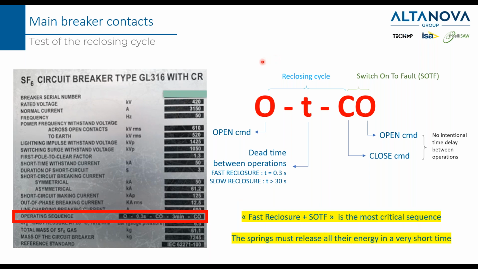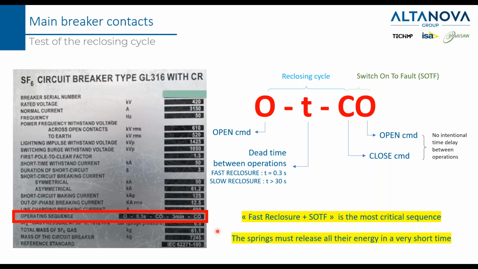The complete sequence, the reclosing cycle, in particular the fast recloser plus the switch on to fault, is the most critical sequence, because the springs must release all their energy in a very short time. And if you see here, it's not trivial, because the mass of the circuit breaker is 7 tons.